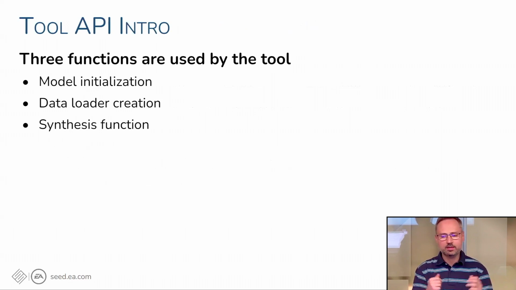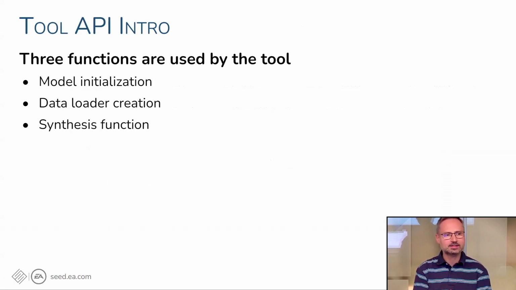And this is how the tool API looks after the refactor. We have 3 functions that are used by the tool. The first of them is the model initialization. This is going to change and needs to be recreated every time that the user selects a different model configuration in the tool. Then we have the data loader that also has to be recreated every time that the audio input changes.